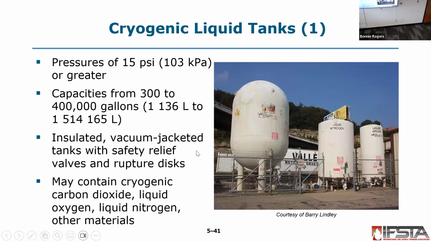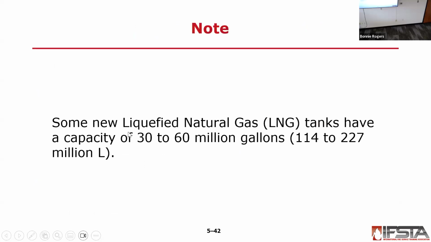Different types of things they might store. How do we know what this one is? We can tell what it is by the way it is. This is kind of mind-boggling. The newer liquid natural gas tanks hold 30 to 60 million gallons. That's a lot.